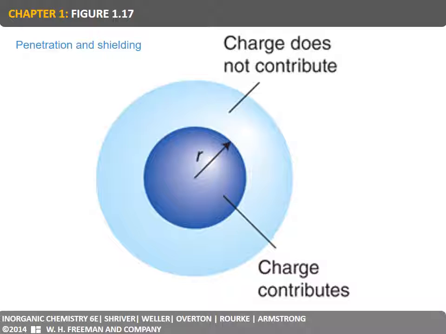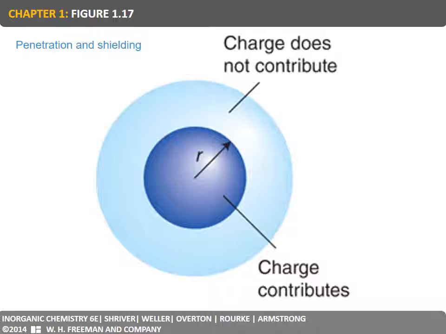So when we begin talking about the attractive forces of the nucleus and the repulsive forces of the negatively charged electrons around it, we approximate the negative cloud, if you will, around the nucleus.